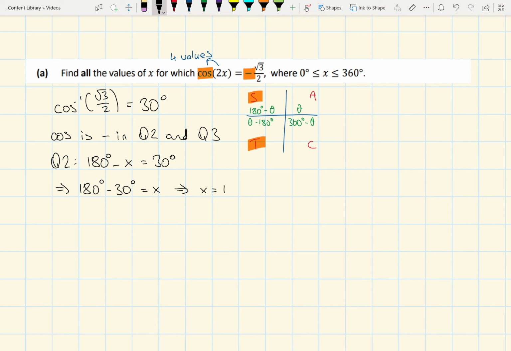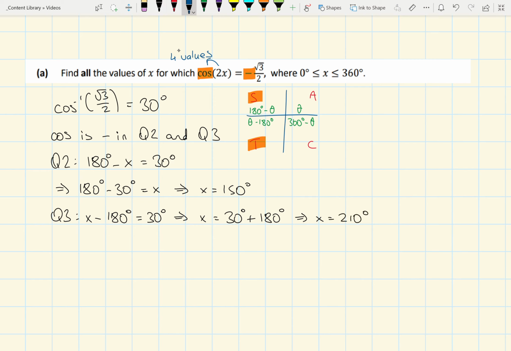So we get x is equal to 150 degrees. And for Q3 we have x minus 180 is equal to 30 degrees. x is equal to 30 plus 180. So x is equal to 210.